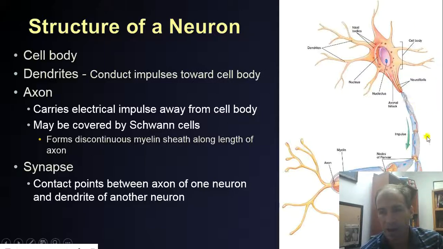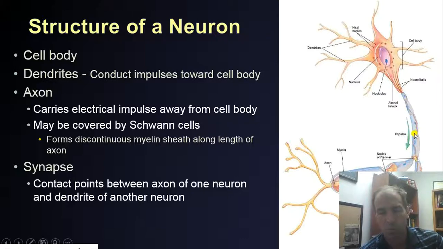So they are going to have a cell body, and this is where the nucleus is going to be. There'll be dendrites that extend out from here. This is where all the typical parts of a cell we'd expect to be: a nucleus, endoplasmic reticulum, some mitochondria, what we typically think of when we think of a normal animal cell. Then we're also going to have our axon hillock, then our axon.